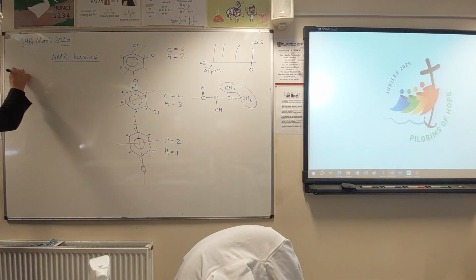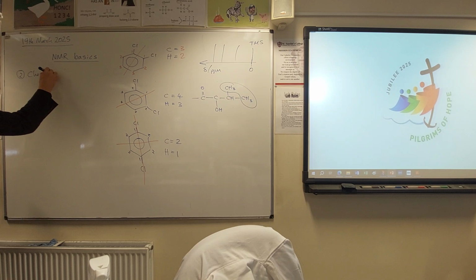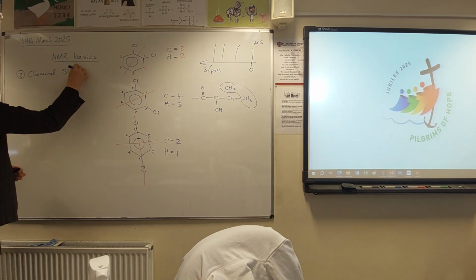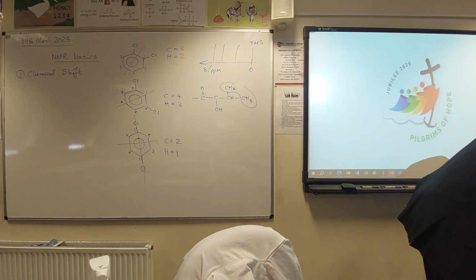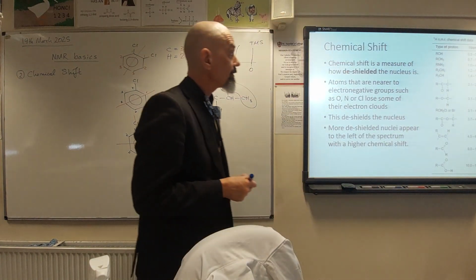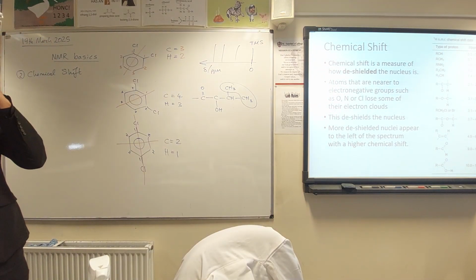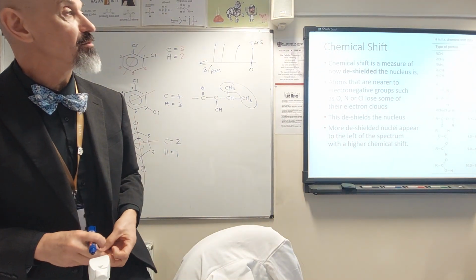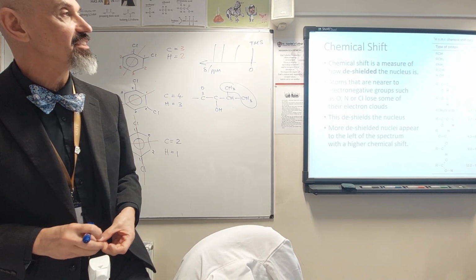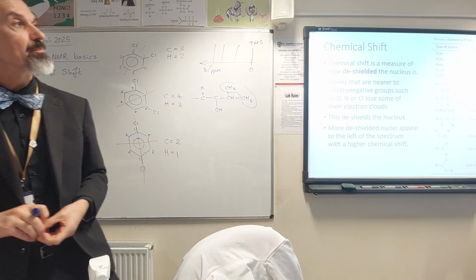And then that brings us nicely to chemical shifts. The chemical shifts are given to you in the data booklet. You've probably seen them there all these years and wondered what they're for.